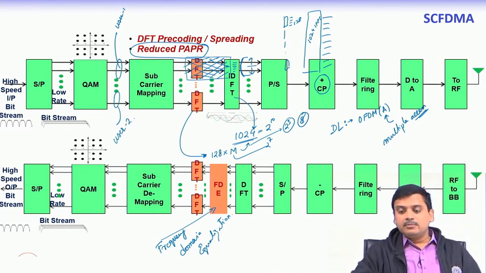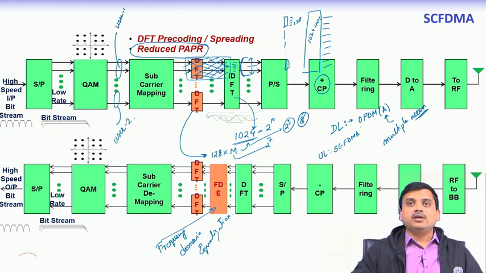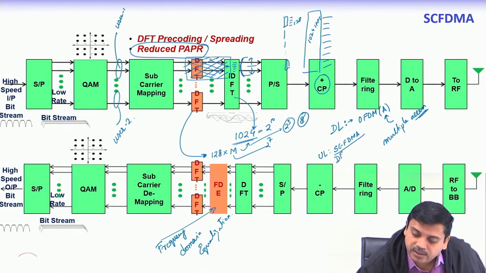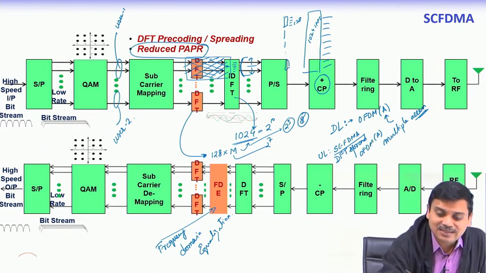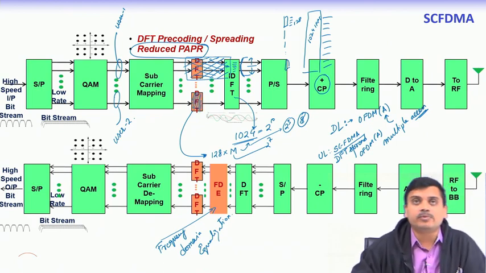So, now in downlink OFDMA is used, and in uplink single carrier FDMA or SC-FDMA as it is called is used. Another name for SC-FDMA is DFT spread OFDMA.